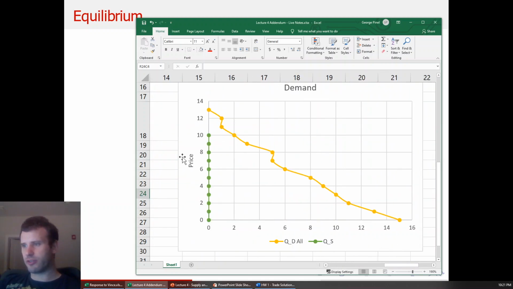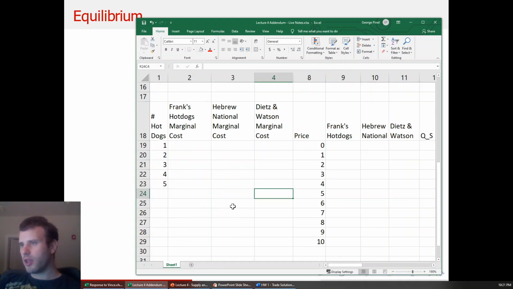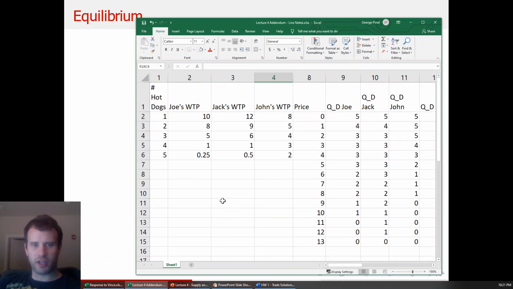Then from there, I'm going to plot it on that same graph as before. Right now it's just this little green line. I'm going to plot it on the same graph, and then we're going to compare it to demand. Just like we had some willingness to pays that we assumed, which followed the idea of diminishing marginal utility but were ultimately just assumed, we did a demand schedule based on those and then the demand graph.